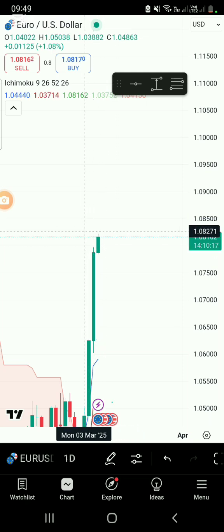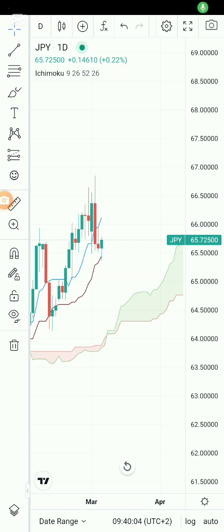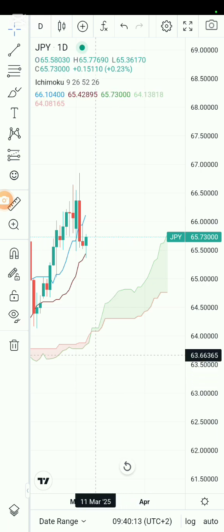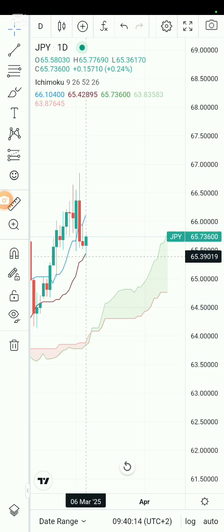Okay, now I have already done some work behind the scenes, so I just want to show you the position of the Japanese yen compared to the euro, and we will see if there's any opportunities there. Okay, so I want us to look at the position of the Japanese yen. If you look at the Japanese yen, you will notice that the yen has found some form of support on this line here.